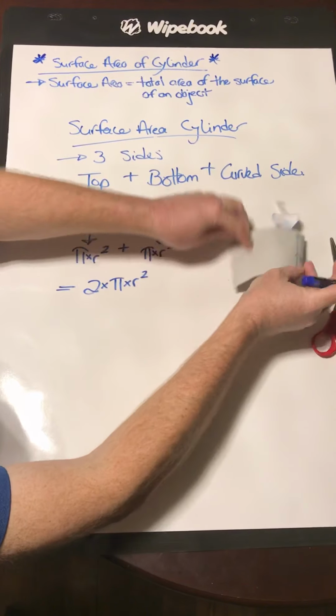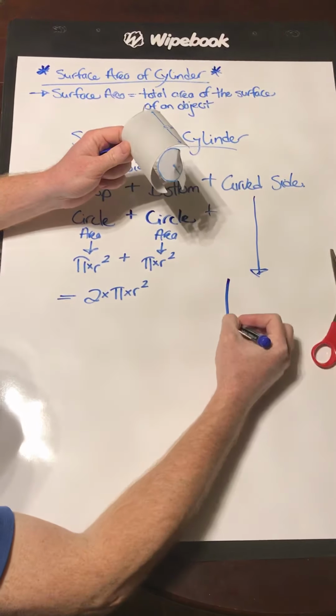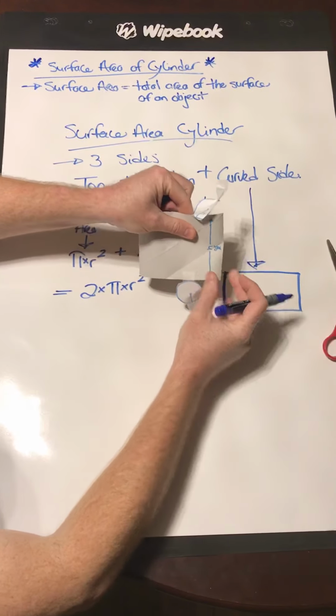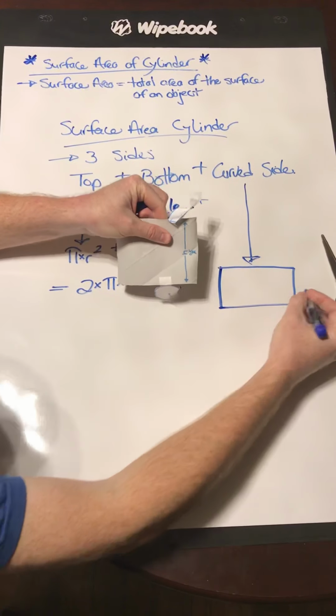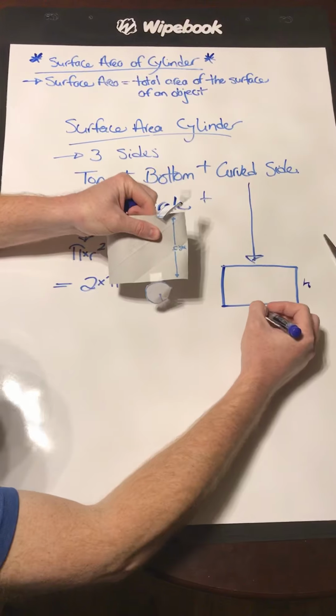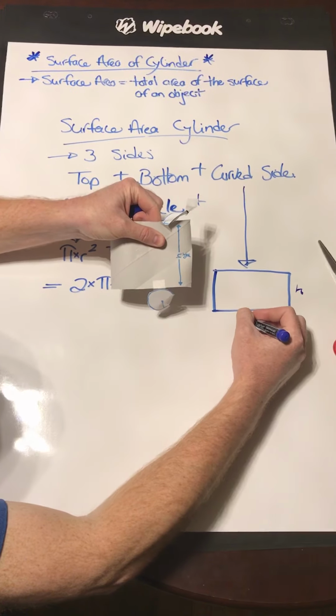So now we have this rectangle. This curved side is actually a rectangle. And we know a little bit about that rectangle, and it has a height, h, and it also has a length or a base. We'll call that b.